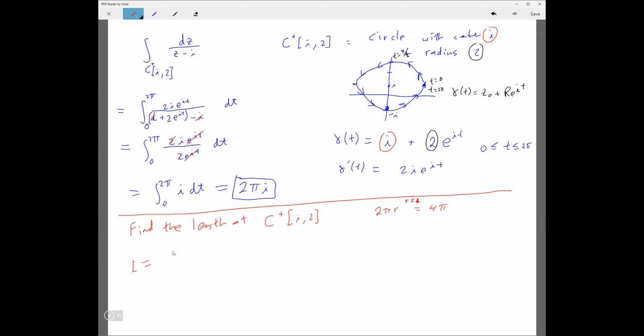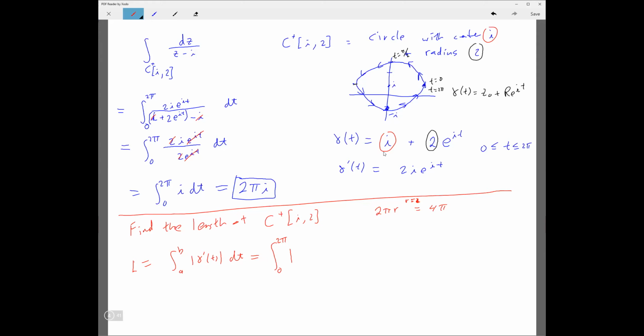But the length is defined to be the integral from a to b of the modulus of gamma prime of t. So in this case, what are the limits of integration again? They're from 0 to 2 pi.